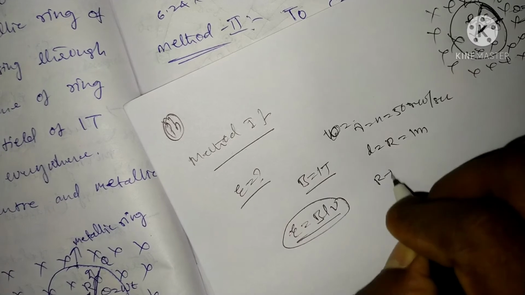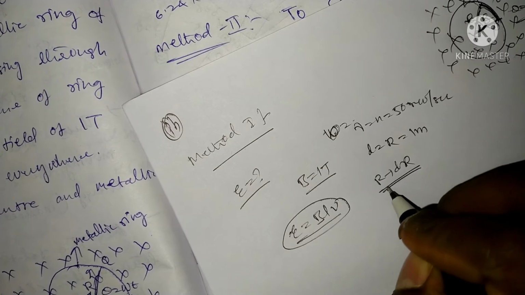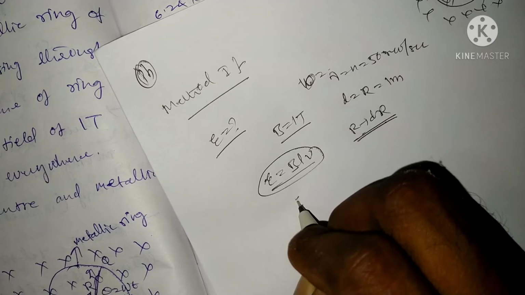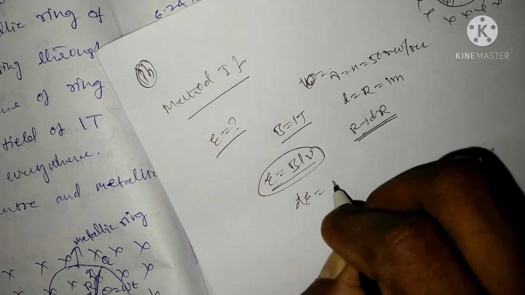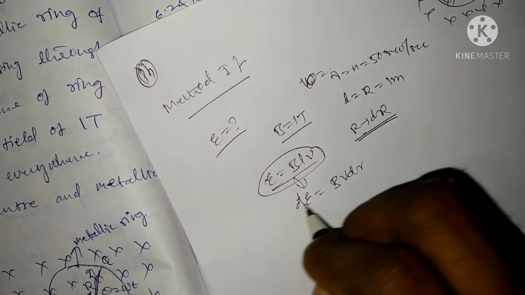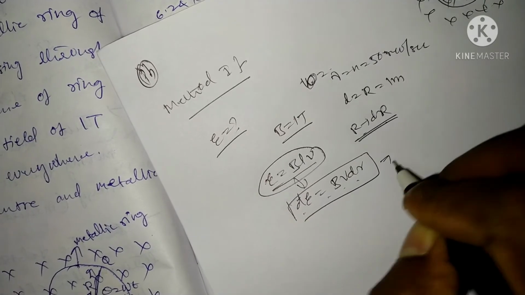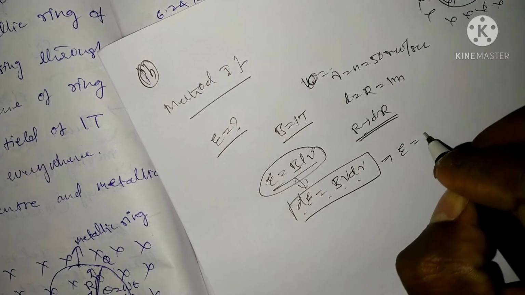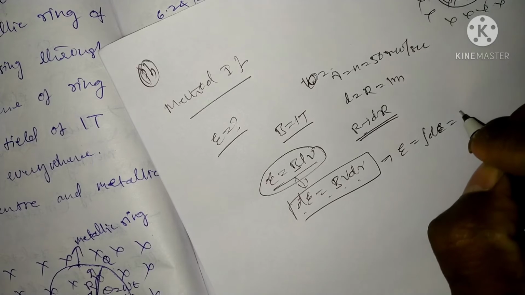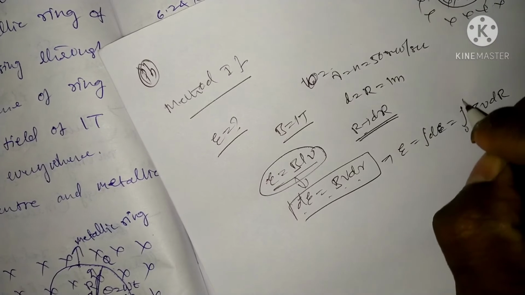Our radius changes from r to r plus dr. Finally we can write the induced EMF de is equal to BV dr. Integrate on both sides: integral of de is equal to integral of BV dr, from 0 to R, where R is the radius.